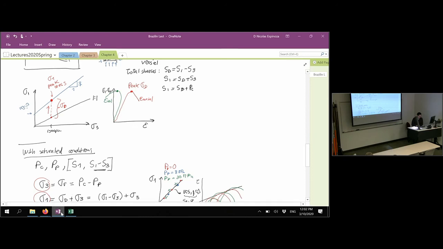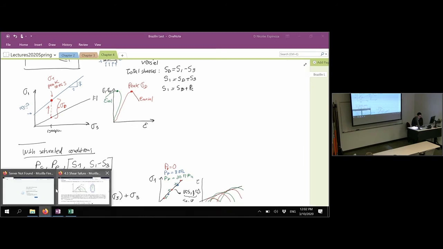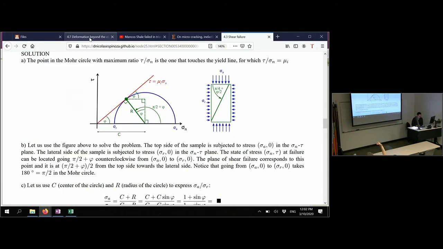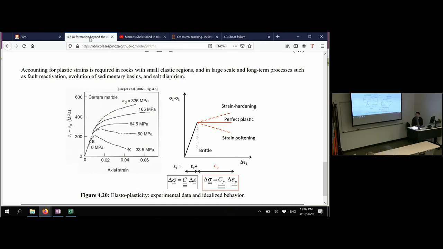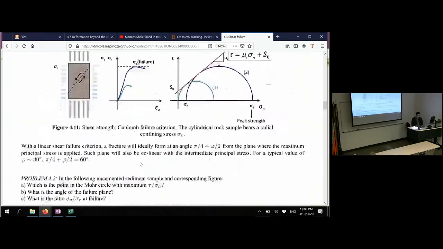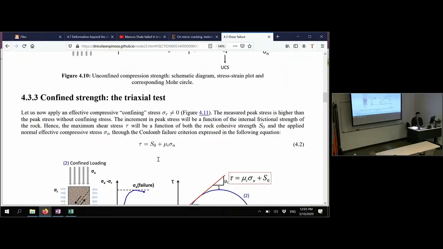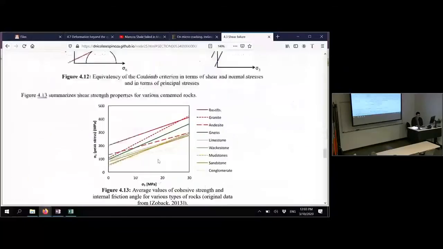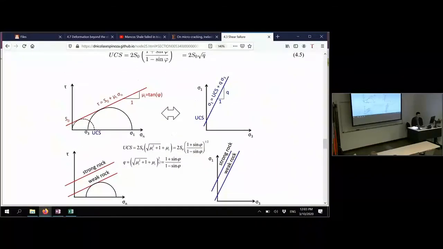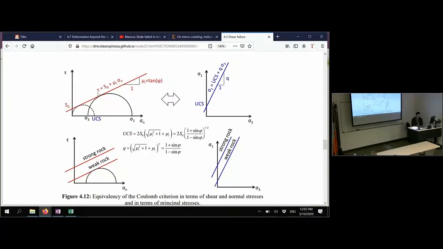Let's continue with this. What's the difference between UCS and S0 again? Those two are intercepts of these equations, of this equation and that equation.